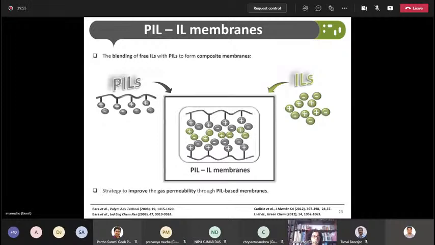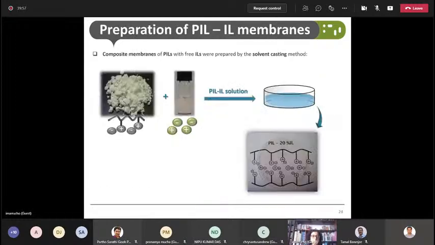Okay, so typically what we do is we prepare these membranes by solvent casting. I told you that they were dense membranes. And so here we have the polymer. We are going to see that we have used some commercial polymers, but we have also designed some polymers.